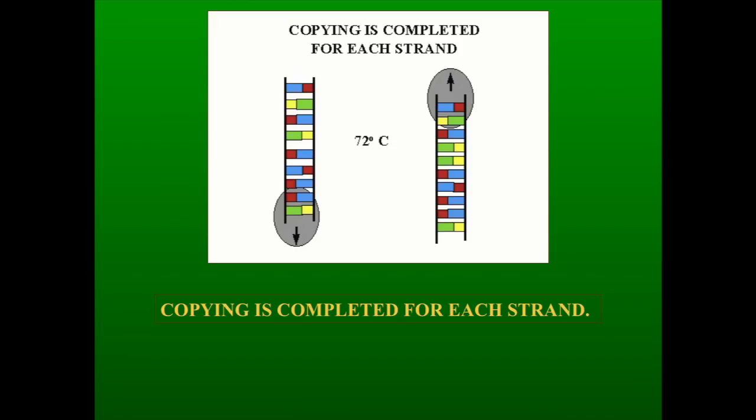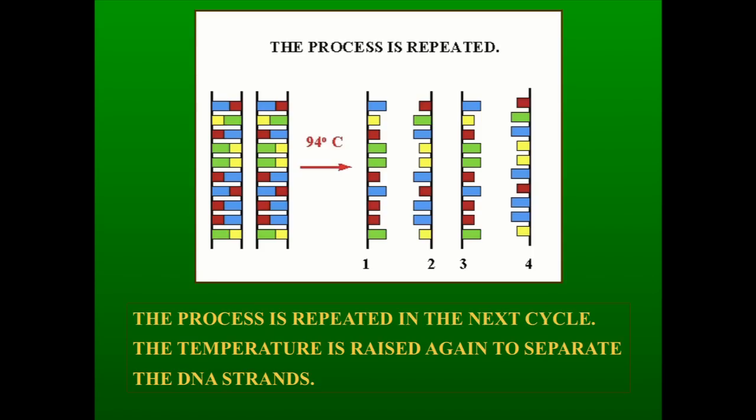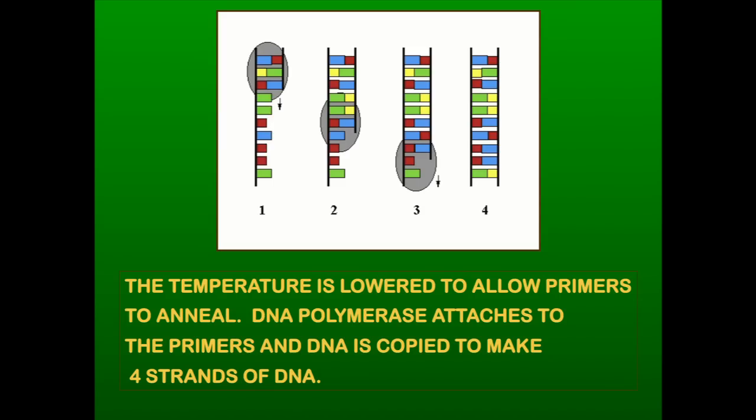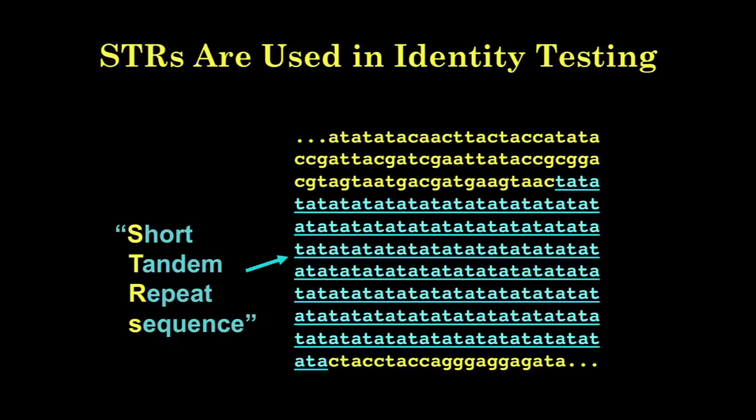Copying is completed for each strand at 72 degrees, and then the process is repeated. So now those 2 copies are then again separated and copied again, and therefore we can go from 1 molecule into billions rather quickly by the repetition of that thermocycling.